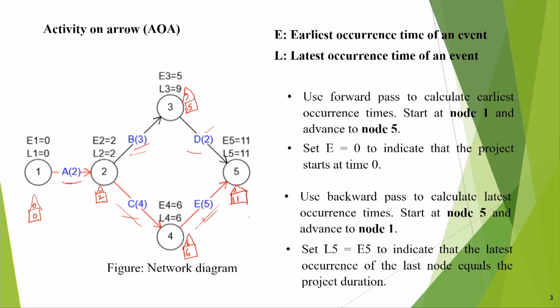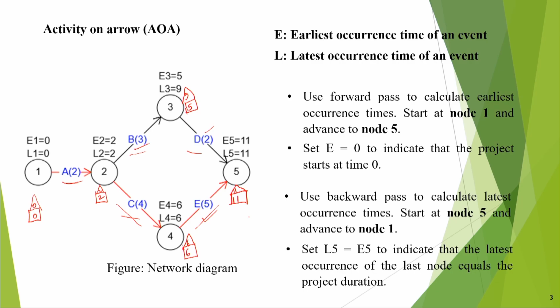That means event 3 can finish latest by 9 days. Then 9 minus 3 is 6, but node 2 has 2 arrows coming out of it. So you have to see this path also. So from one path it is 2, but from the other side you can say that latest it can start is 9 minus 2, that is 7 days.